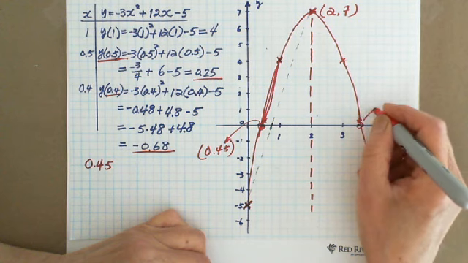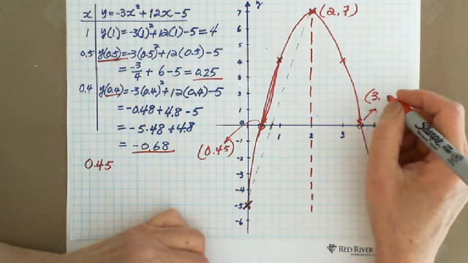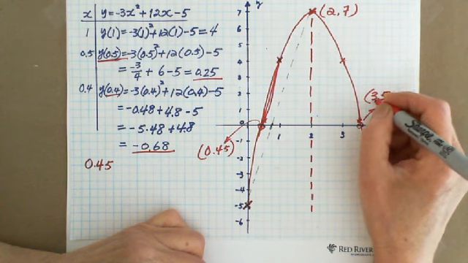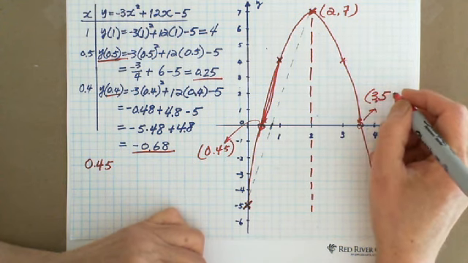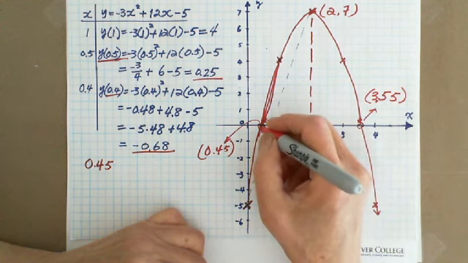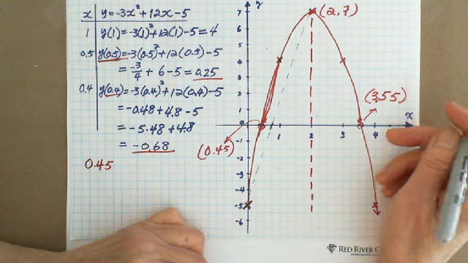This is the answer. This one we can predict is 3.55 maybe, and the y value is 0, the x value is 3.55.